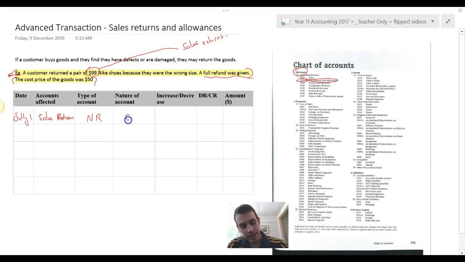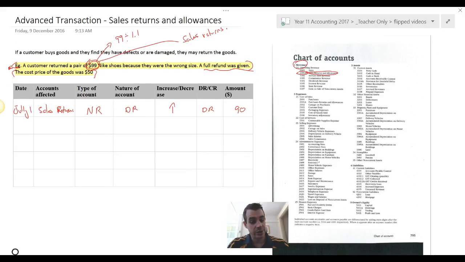So this is going to be a debit by nature. Sales returns has increased, so this is going to stay as a debit for the ex-GST price. So we're going to go 99 divided by 1.1. It's going to equal $90.